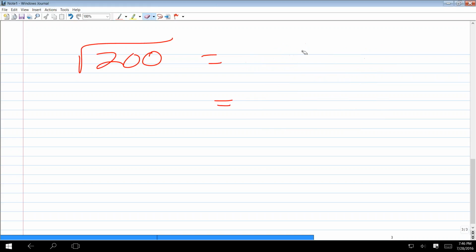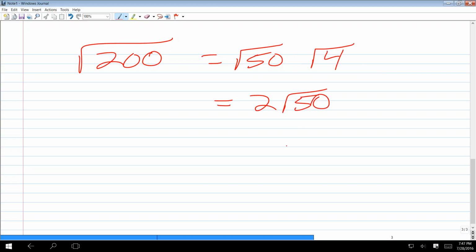I could have done square root of 50 times square root of 4, which would have been 2 root 50. You with me? Well, that's the same as 2 root 25 times root 2, because 50 is 25 times 2.